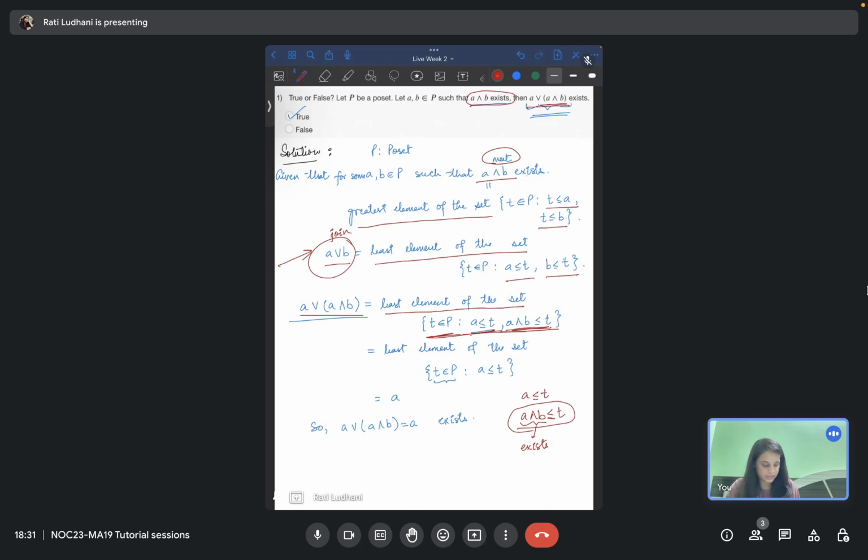Now you know that a meet b is the greatest element of all those s in P such that s is less than or equal to a and s is less than or equal to b. If this element exists, what does that mean? a meet b is less than or equal to a. Is this clear?